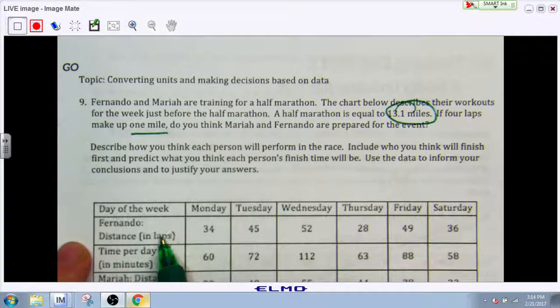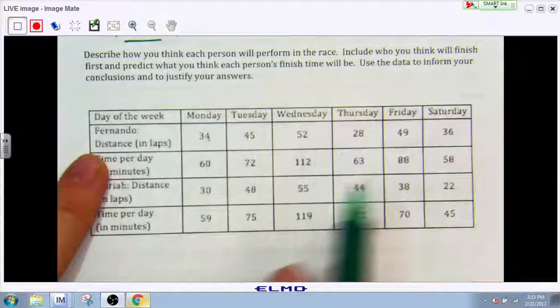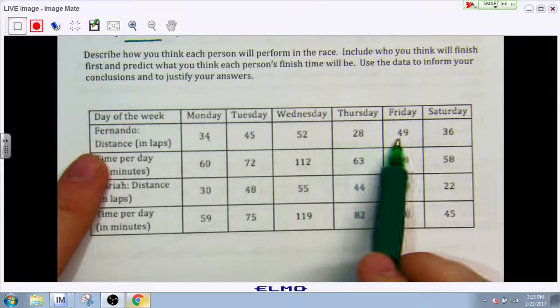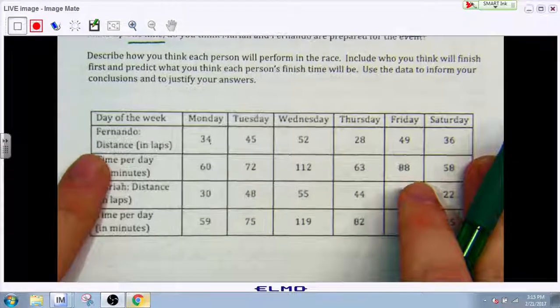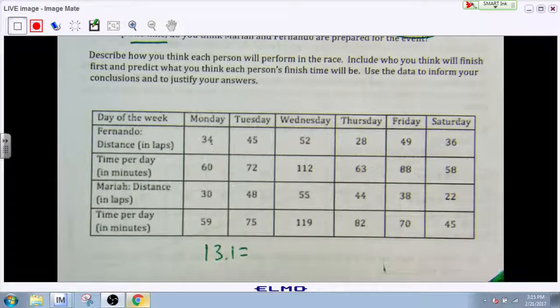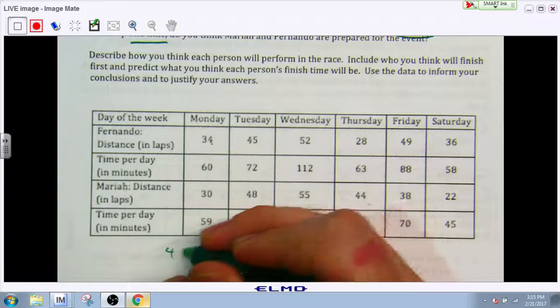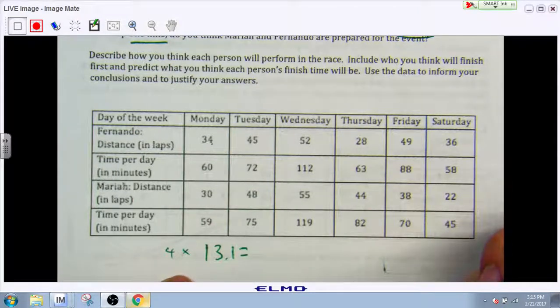On Monday, Fernando ran 34. Then 45, 52, 28, 49, 36, okay? So we're told we're going to go 13.1 miles. And the way I think about that, 13.1 miles, well, how many laps is that? Well, if 4 laps make up a mile, if I multiply this by 4, I'll know how many laps that is.